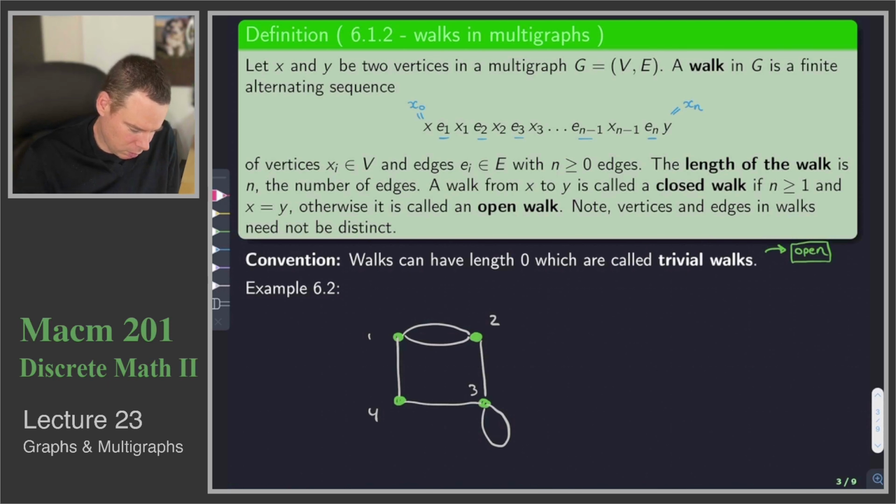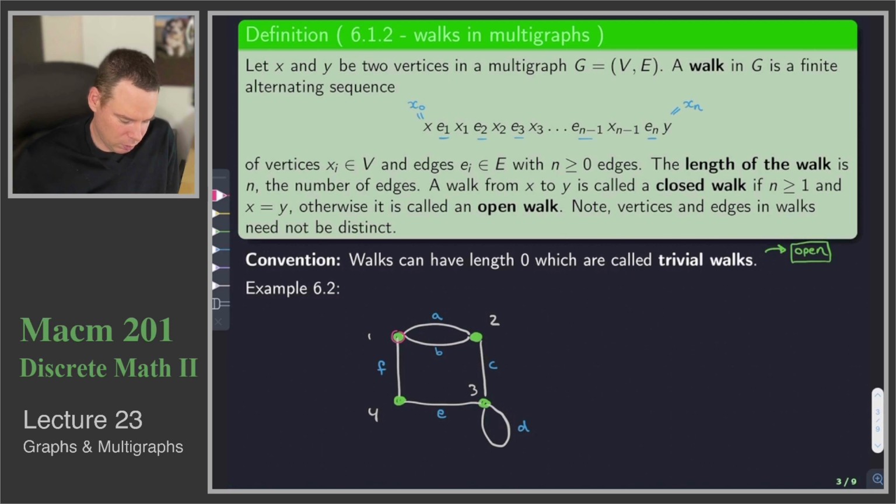Well, let's start at, let's say, vertex 1, and we will travel along. Now I'm going to want to talk about the edges I'm traveling along, so we can label these. So let's call this edge A, this one B, this one C, the loop D, this one E, and this one F. So there's our edge labels.